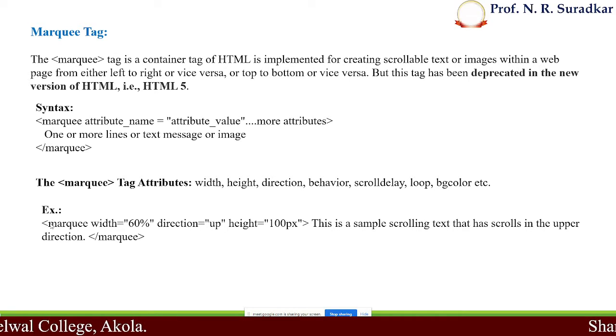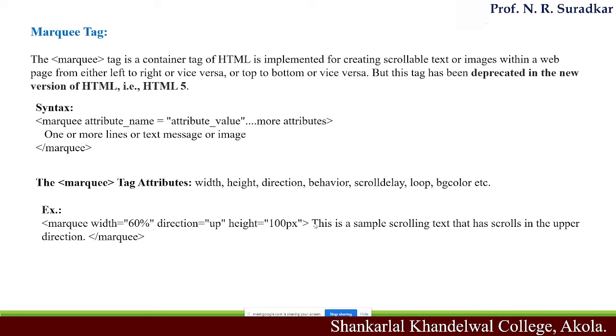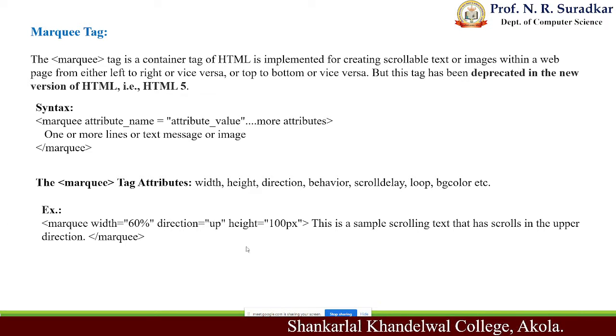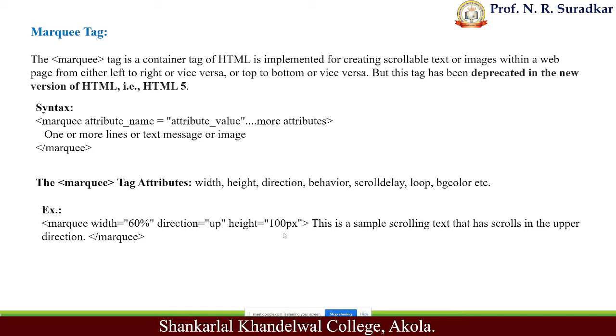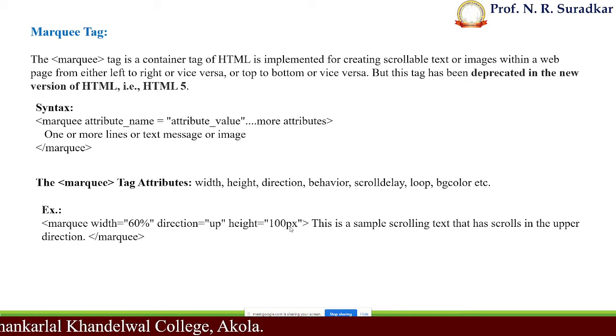Here, first the marquee tag means the opening angle bracket, then the marquee keyword. We provide width 60%, direction upward, height 100 pixels, and the opening angle bracket is closed here. Within the first tag, which is the start tag, we have to put all the attributes and their values.